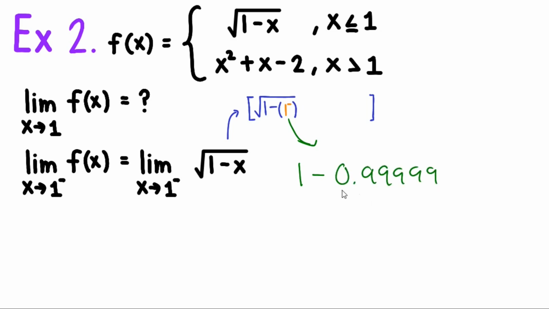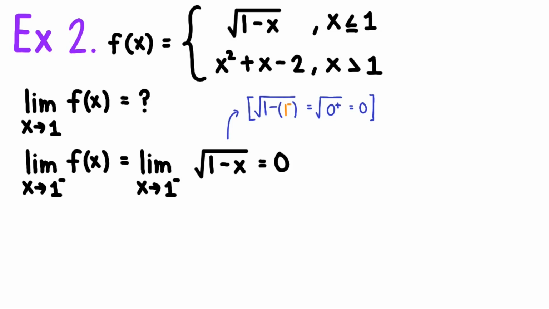Regardless of what value this is, we know that the outcome is positive. So therefore, we have 0 with a positive sign, or these are values approaching 0 from the positive side. So we know that this radical is equal to 0. We conclude that this one-sided limit is equal to 0.